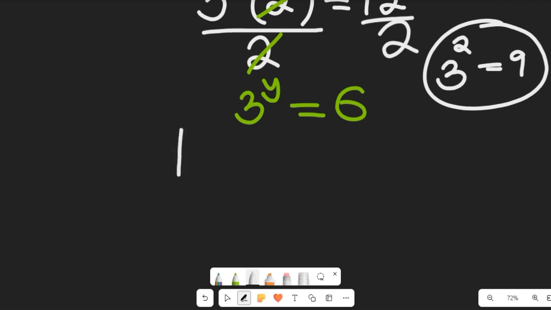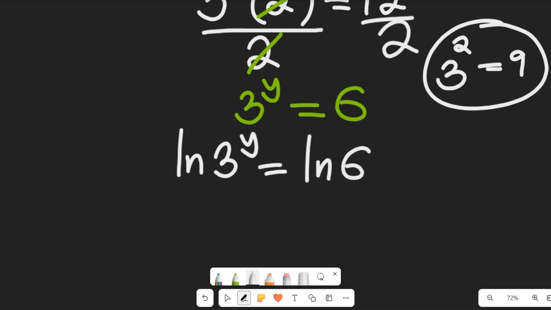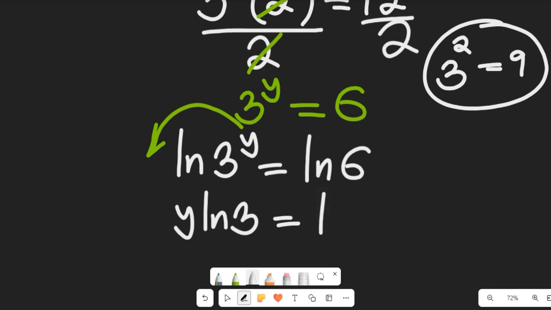We're going to take the natural log of both sides. That is the ln of 3 to the power of y equal to the ln of 6. According to the laws of indices, this power will come over here to give us y multiplied by ln of 3, and this will be equal to the ln of 6.